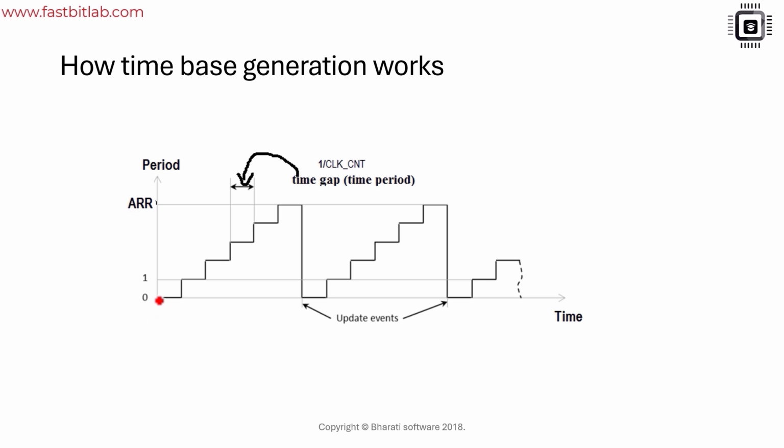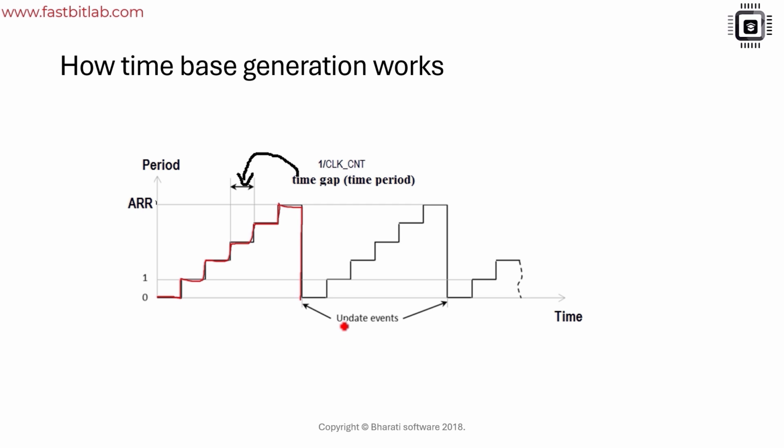So you have to activate the counter or the timer. And for every clock pulse of the count clock, the counter up counts by 1, like this. And when it reaches the value which is stored in the ARR register, that's the end actually. It rolls back to 0 and it issues an interrupt.